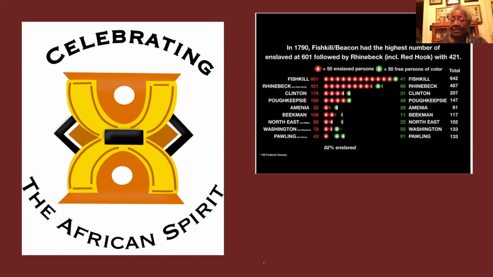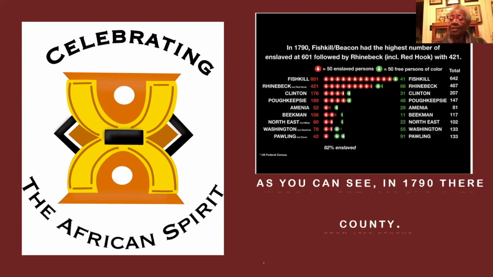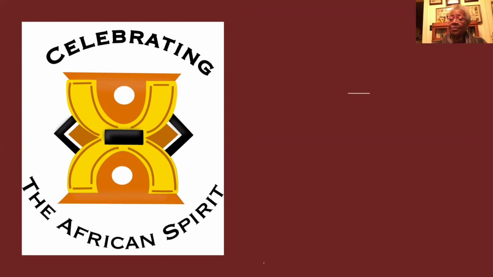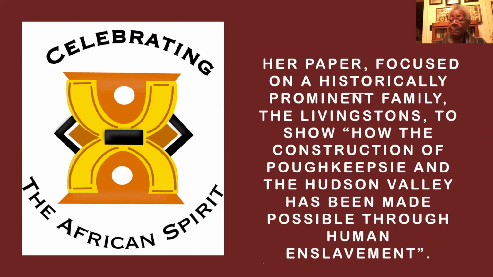And that information is courtesy of Bill. Sarah's paper focused on a historically prominent family, the Livingstons, to show how construction of Poughkeepsie and Hudson Valley has been made possible through human enslavement.